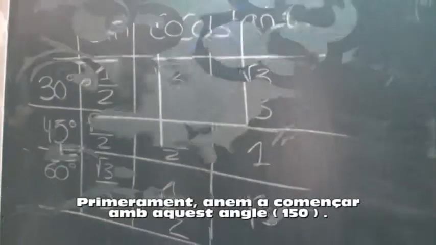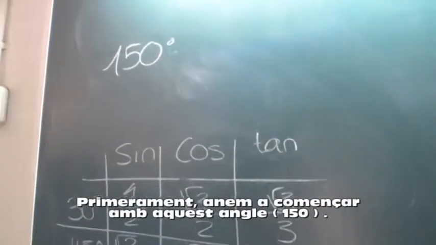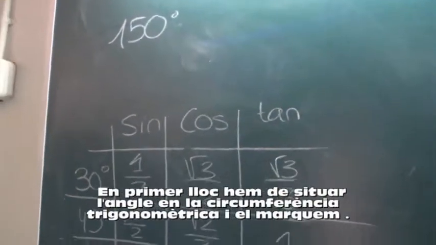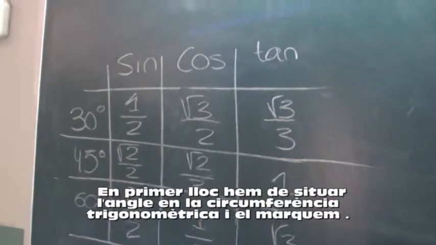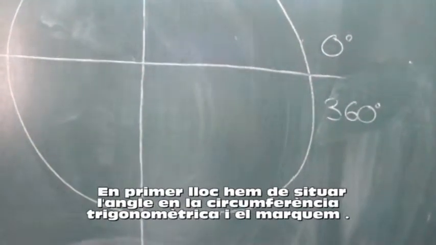First, we are going to start with this angle, 150. First of all, we have to situate the angle in the trigonometric circumference, and we mark it.